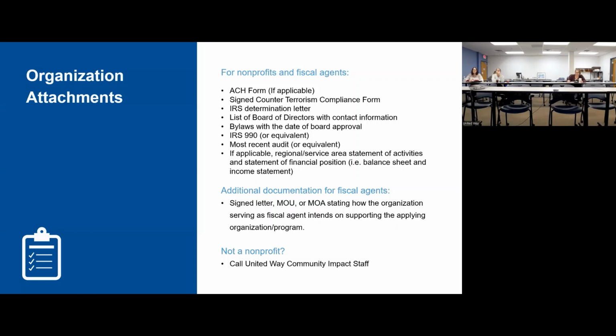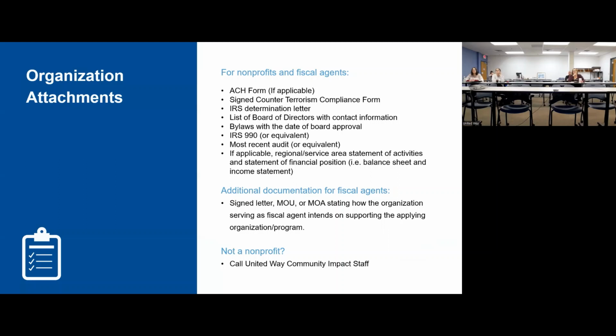Very slightly less boring are the attachments that you all will have to complete in order to submit your application. The first is a fun one. It's just the ACH form. That's the form that says, here's how to give us the money if we're awarded the grant.